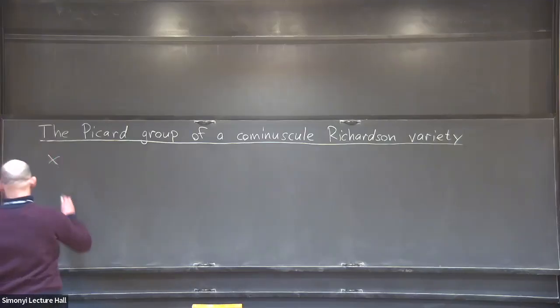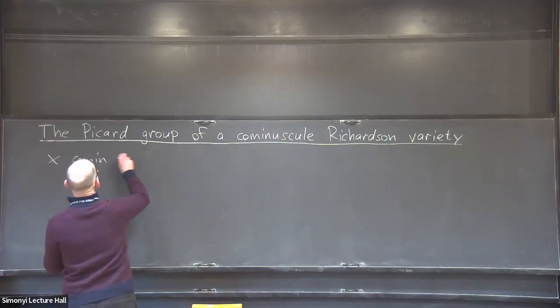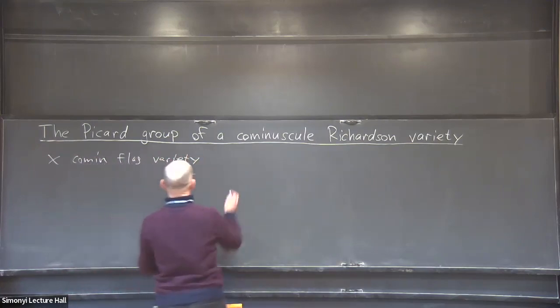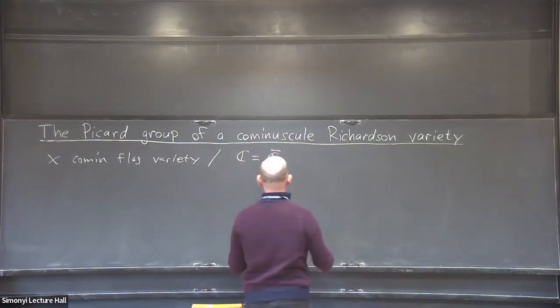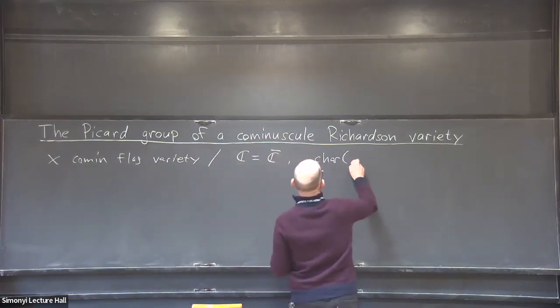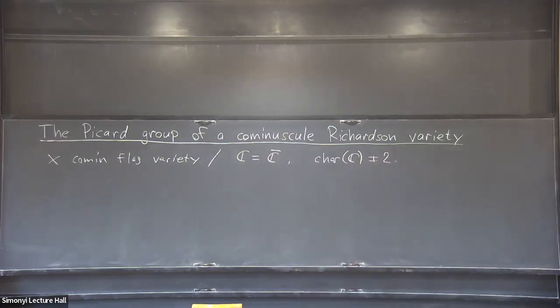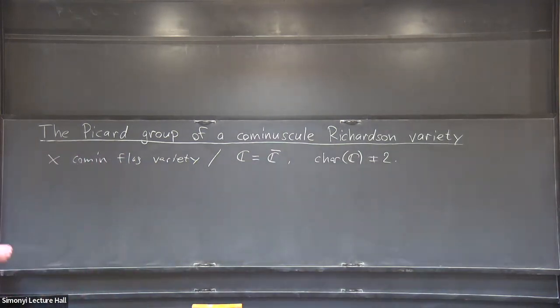Let X be a cominuscule flag variety over an algebraically closed field, but really, whenever I say anything concrete, X will just be a good old Grassmannian.